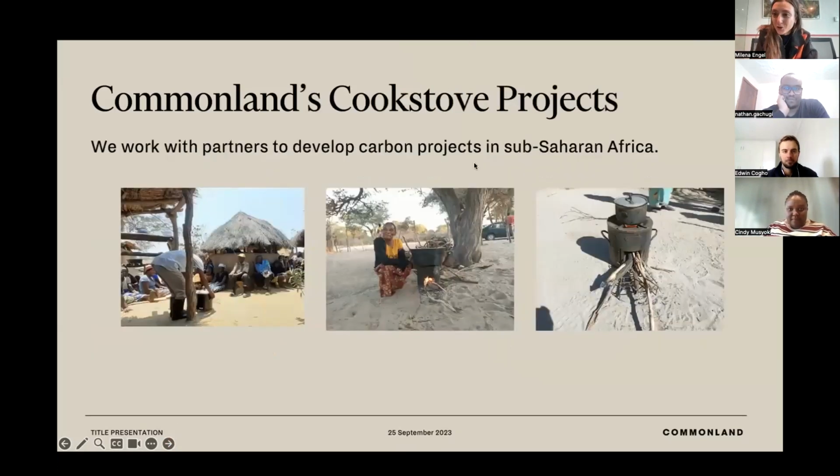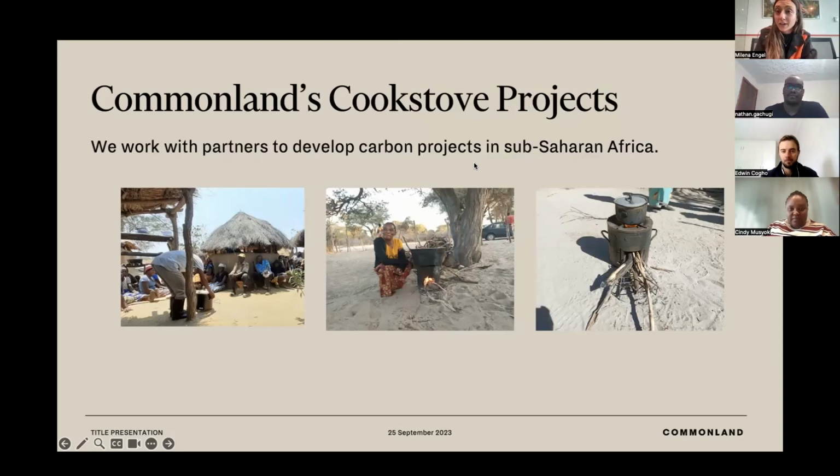Another very concrete thing that we do is we support landscape restoration by also working with partners in developing carbon projects. These carbon projects aim to bring natural, financial, social, and inspirational benefits to local communities.